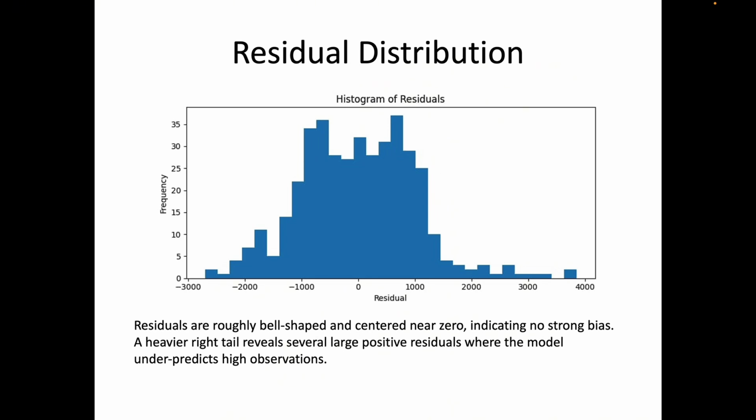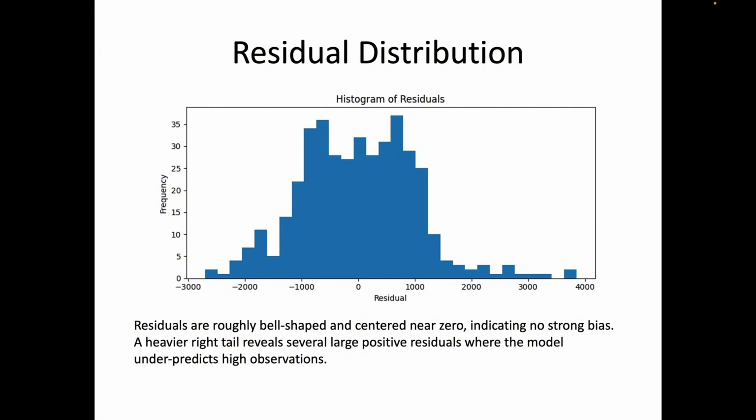In the residual distribution, as you can see right here, we have the histogram of residuals. What I see here is the distribution of E_T, which is Y_T minus Y_T hat, actual minus fitted, and the shape is roughly bell-shaped, with the center slightly above 0, so errors are reasonably symmetric and not heavily biased. But there are longer tails on the right, the positive side.